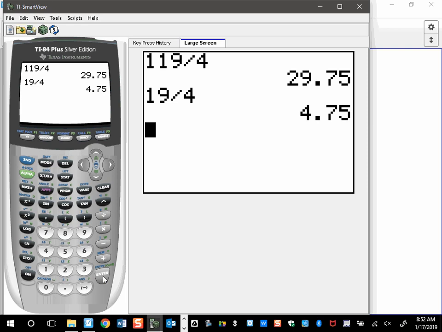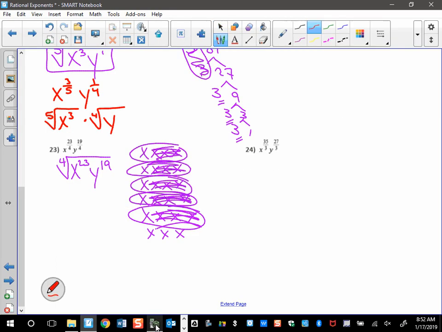So I have 19, so 19 minus my 4 groups of 4, you have a 3 remainder. Okay, so for my y's, probably the 4th is going to come outside, whereas the 3rd will stay inside.